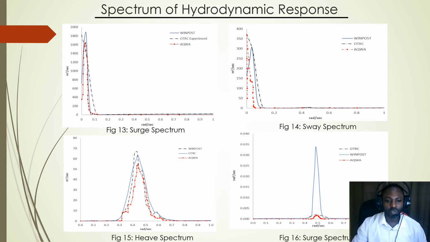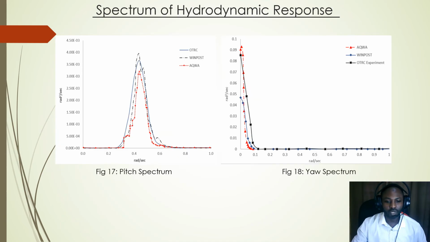From these plots, you can see that surge and sway are low frequency dominated, while heave and roll are wave frequency dominated. For pitch and yaw, the pitch is wave frequency dominated while the yaw is low frequency dominated.